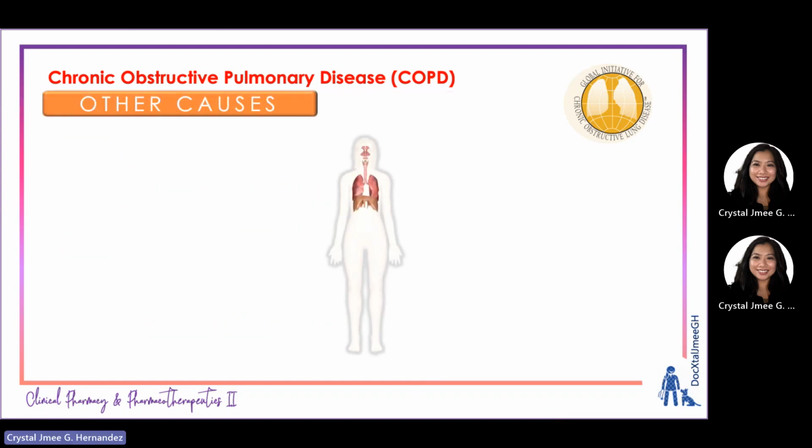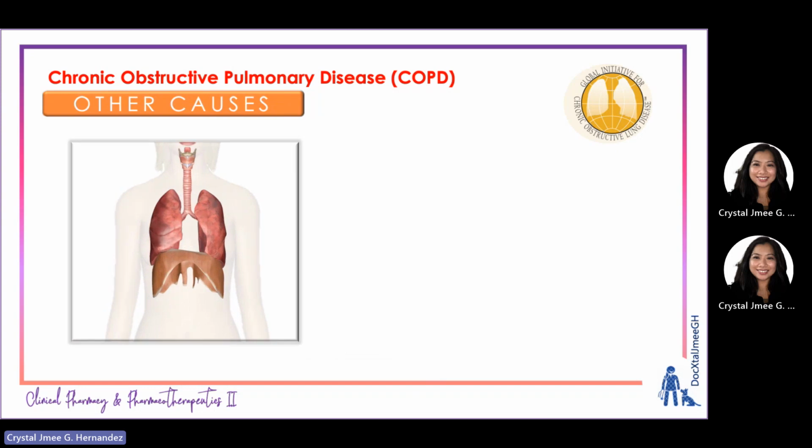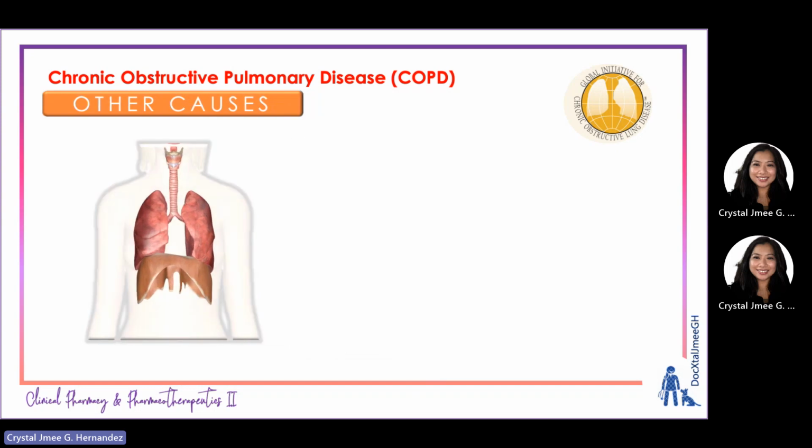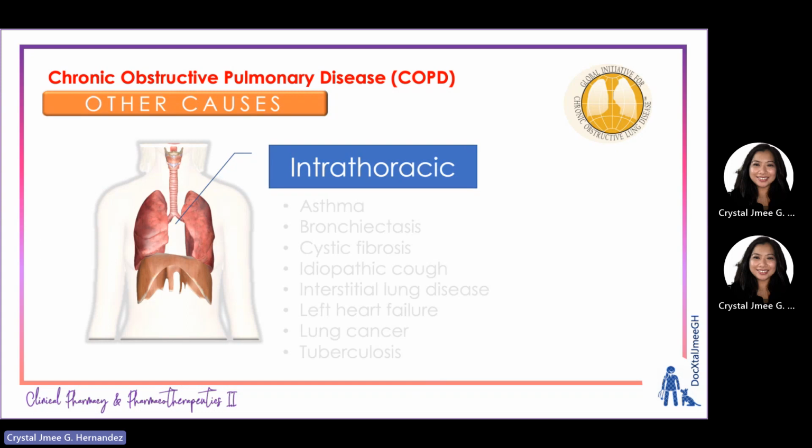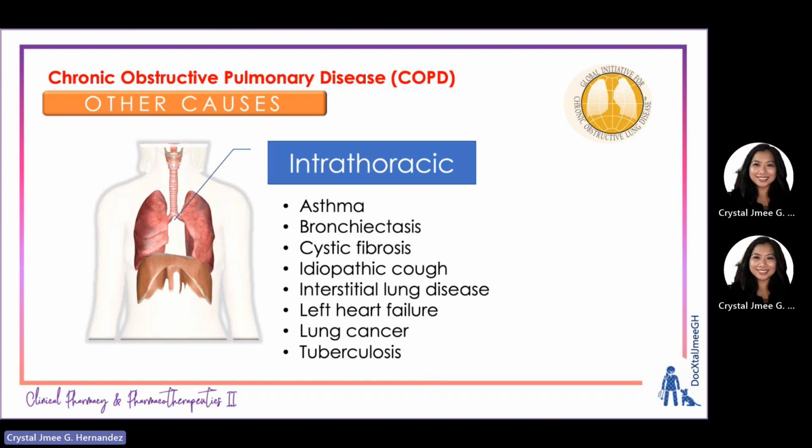Moving forward, what are the other causes of COPD? Other causes are further divided, first, if it's intrathoracic, meaning those that affect organs within the thoracic cavity or the respiratory system, which includes diseases such as asthma, bronchiectasis, cystic fibrosis, idiopathic cough, interstitial lung disease, left heart failure.